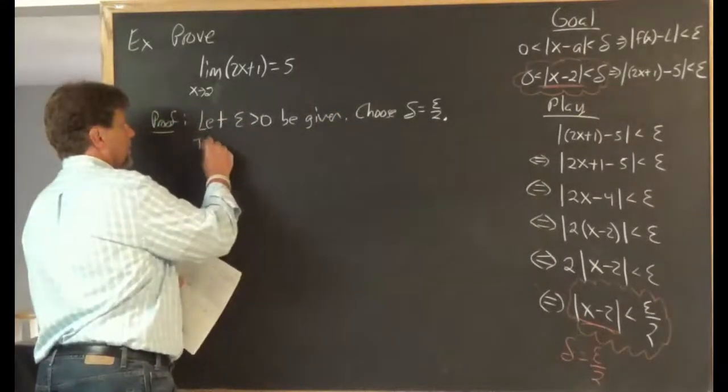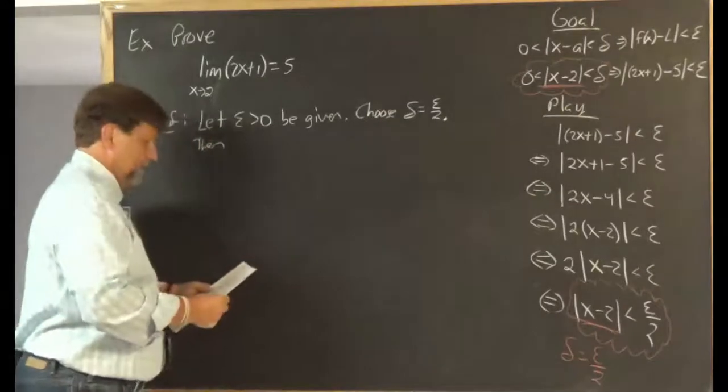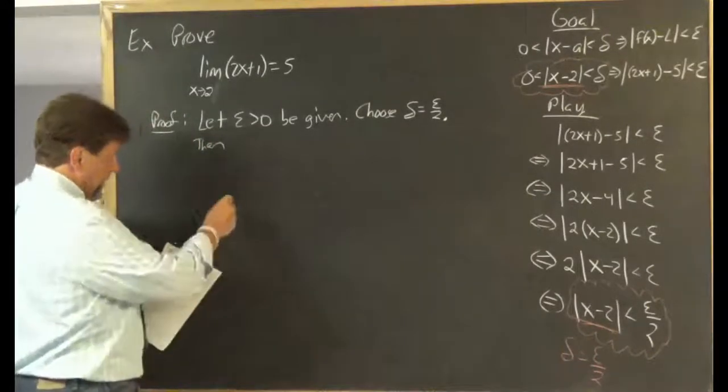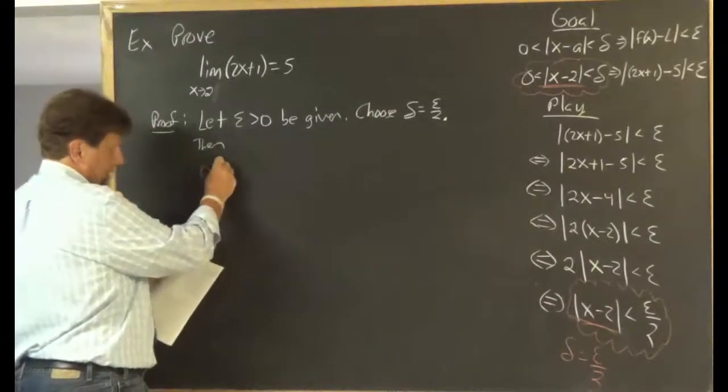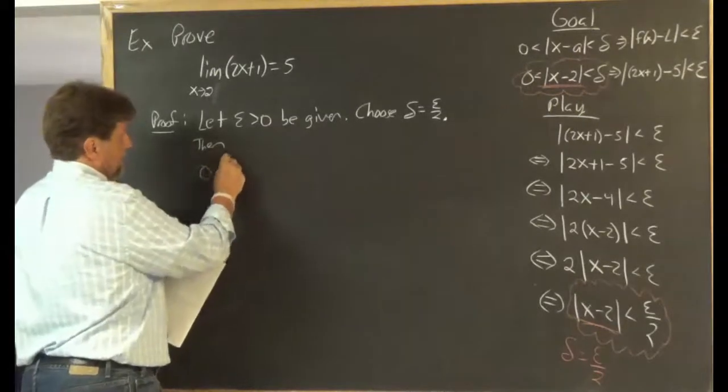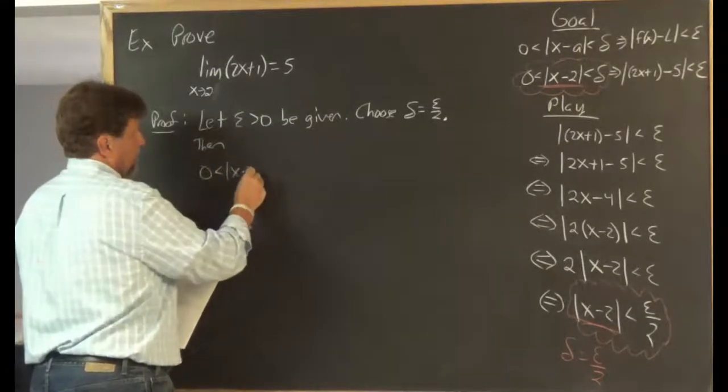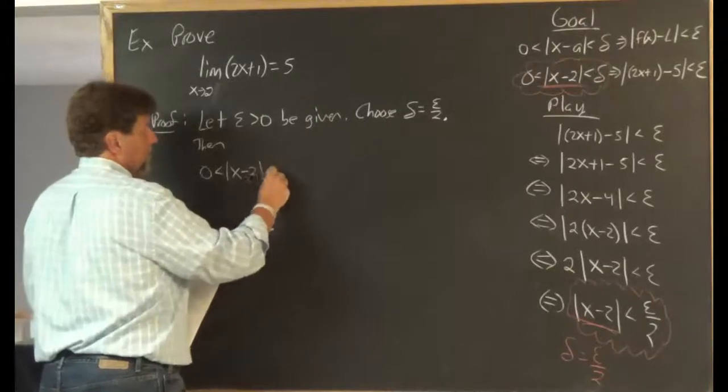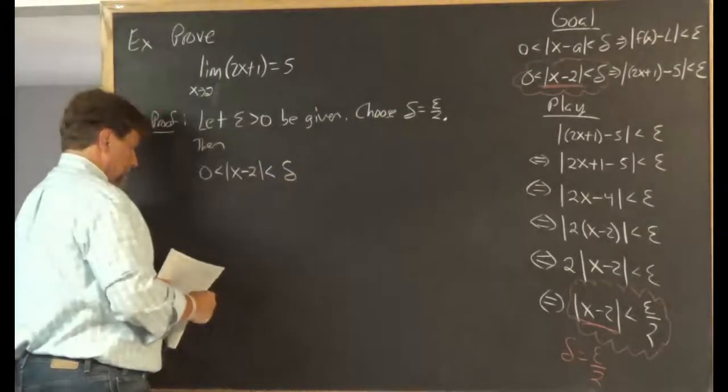Then, and this is going to look familiar, then we write down 0 is less than absolute value of x minus 2 is less than delta.